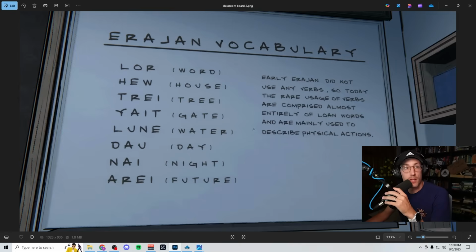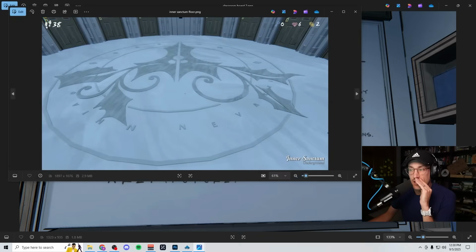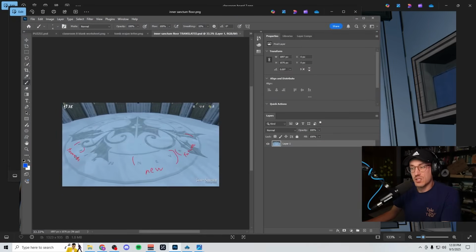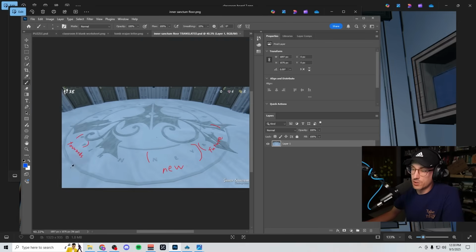So one of the things that we have been trying to translate is the Oven Navari, which means towards something, new future.